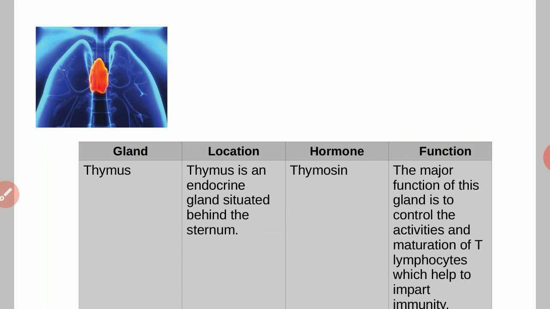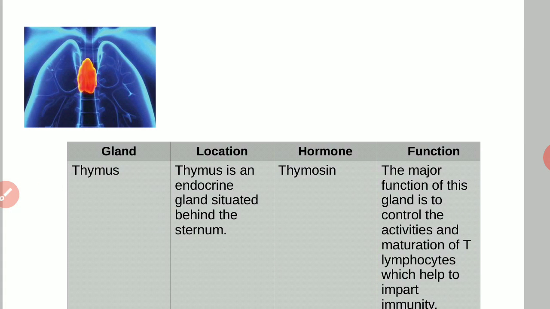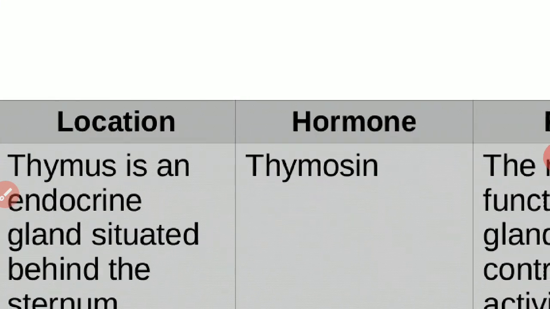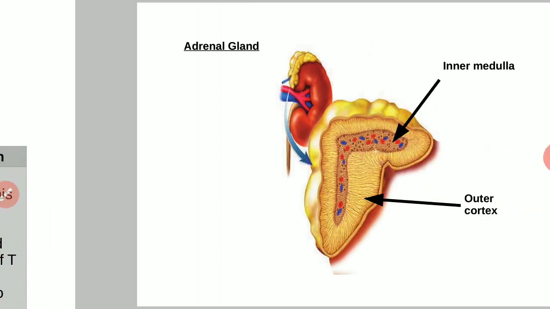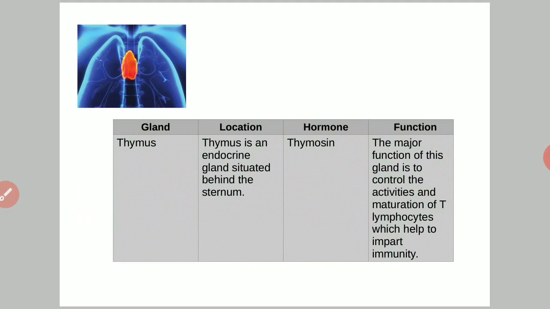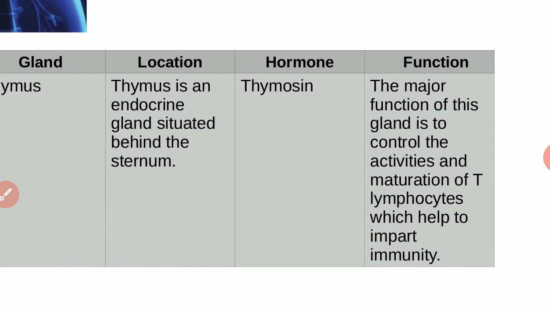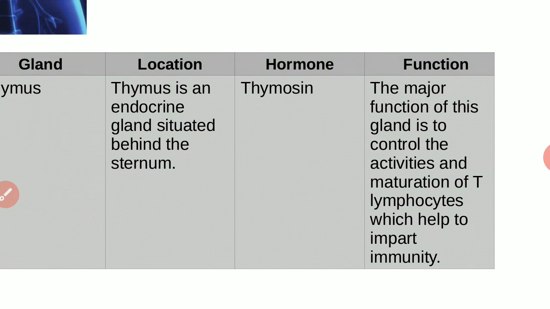Thymus is an endocrine gland situated behind the sternum. Then let's see, the hormone is thymosin. See the functions. What are the functions of this thymosin? Major function of thymosin is to control activities and maturation of T lymphocytes, which help to impart immunity.